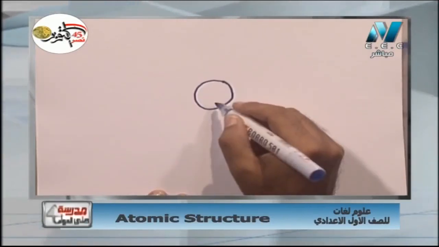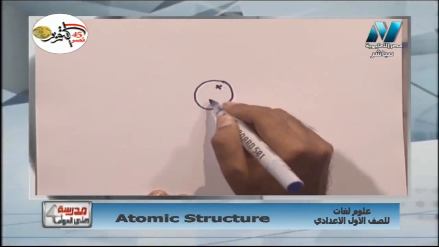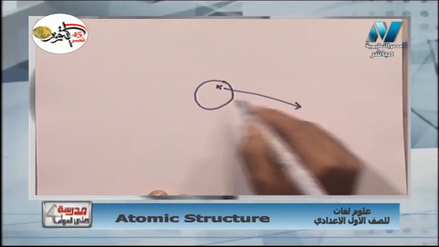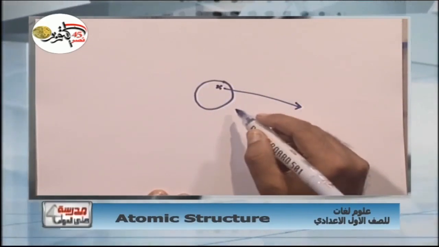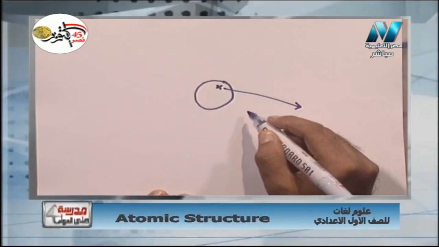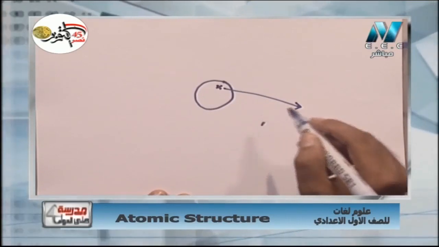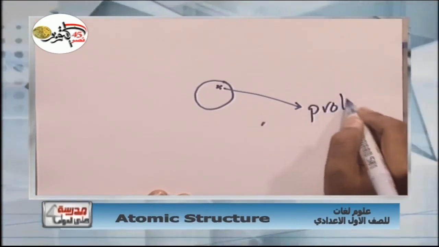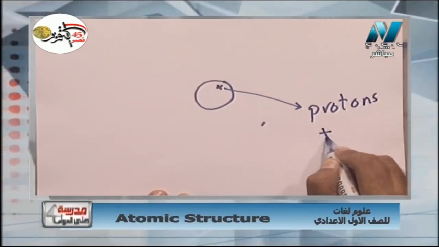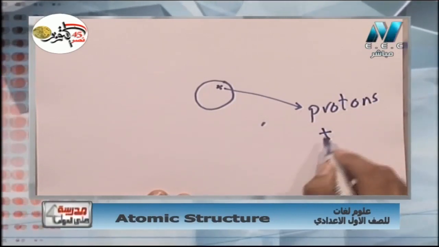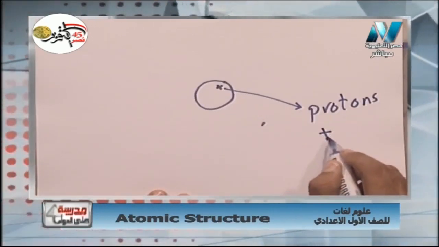It is the core inside the atom, and it includes very small positive particles, measured in the angstrom unit. 1 angstrom equals 1 times 10 to the power negative 10 meter. They're called protons, and a proton is a positively charged particle, symbolized by the plus symbol.